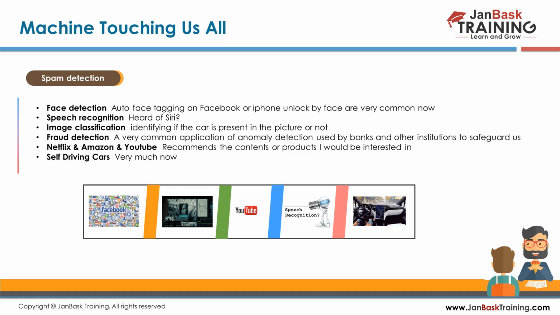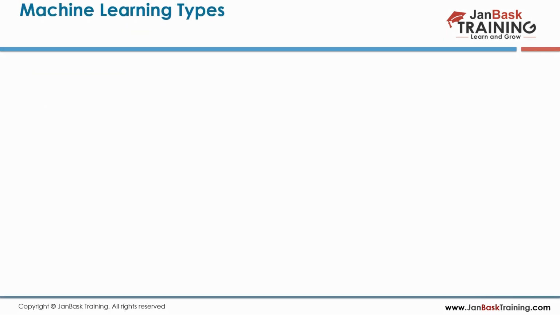Then there is speech recognition, and image classification, which I told you about, like identifying dogs and cats. Fraud detection is the anomaly detection. Netflix, Amazon and YouTube are the recommendation systems. And self-driving cars are today's big thing in the technological field.